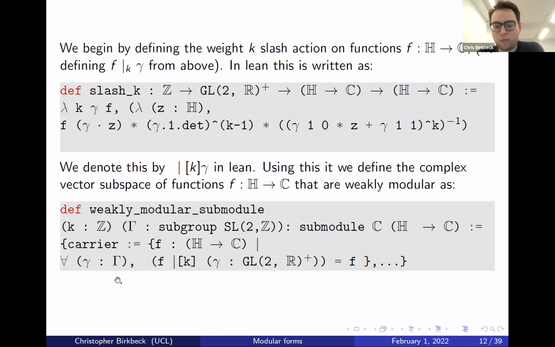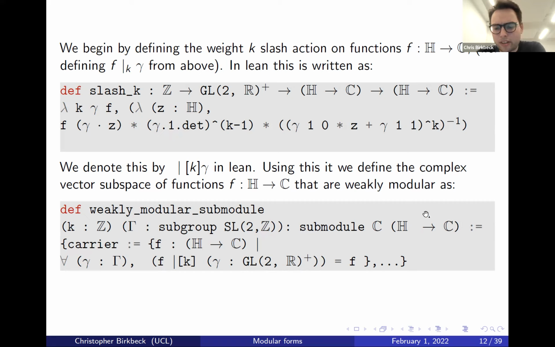And here my condition is what you expect: that for every element gamma of my subgroup of SL2Z, I have that the weight k slash action by this matrix, now thought of as a matrix in GL2R+, you have some coercion from matrices or subgroups in SL2Z into GL2R+, we ask that this function is the same as my original function, so that my function is invariant under this slash k weight action.